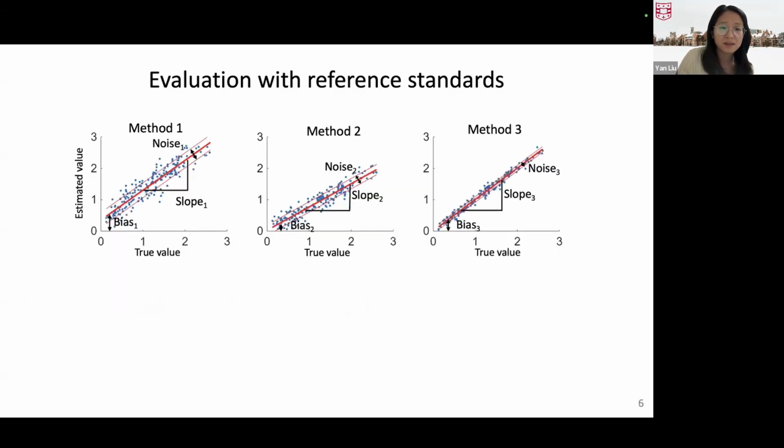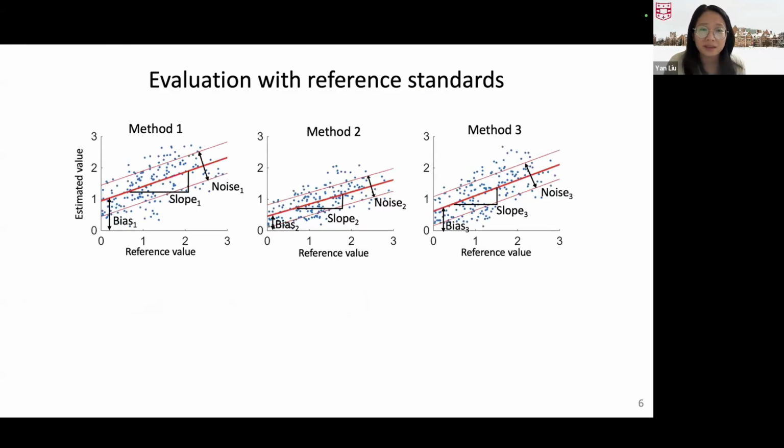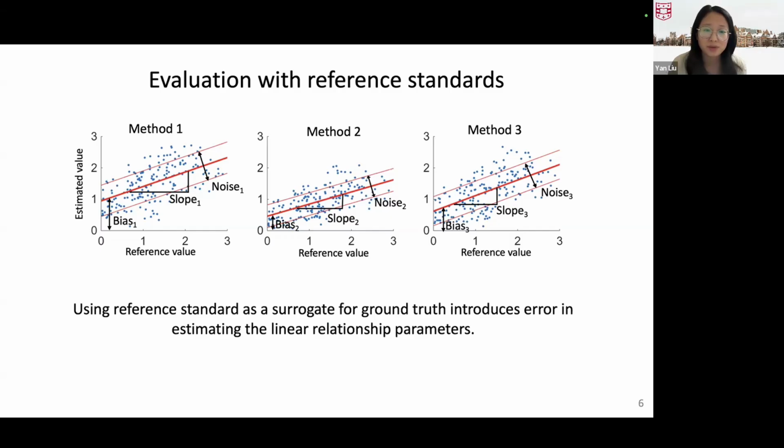So consider using the reference standard as a surrogate for the true value, and doing the linear regression with it. We can see that there are errors in the estimated slope, bias, and noise standard deviations, which might further affect the comparison of these three different methods.